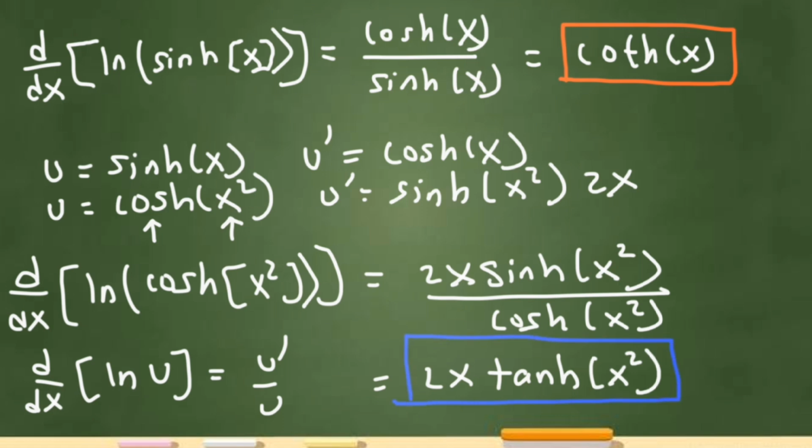So those are some simple ways in which you can differentiate a hyperbolic function. As you can see, the rules are pretty similar to differentiating other functions, using the product rule, the quotient rule, and the chain rule.